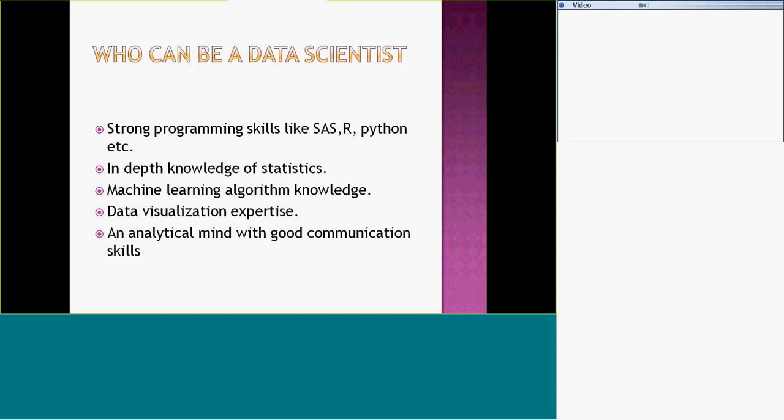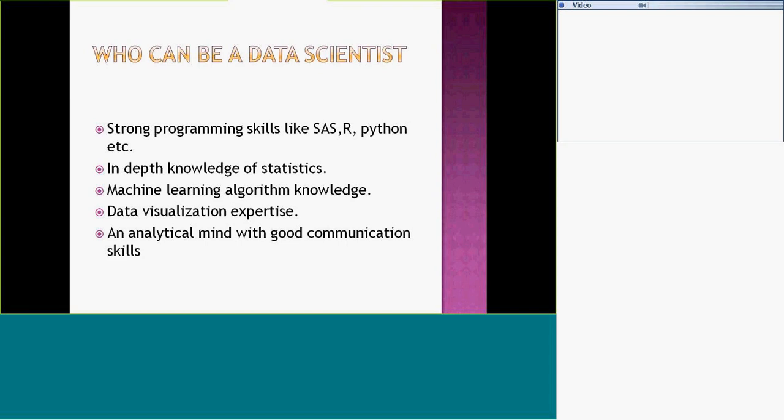You will not be doing statistics on pen and paper, but you should have proper knowledge of what standard deviation is, what variation is, what regression is, so that you can analyze the data and bring some inferences using those statistics. You should also know machine learning algorithms, which are part of data science nowadays, because they have automated a lot of tasks that we used to do manually.